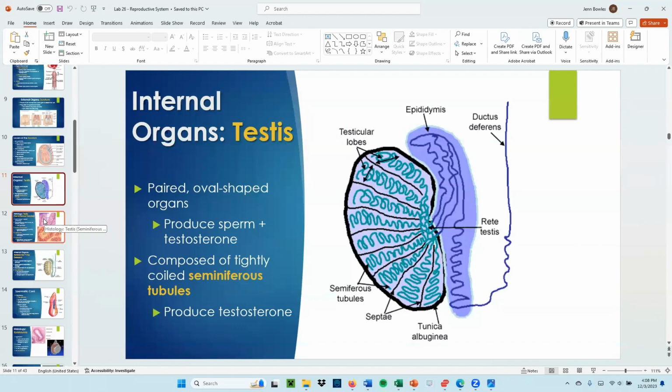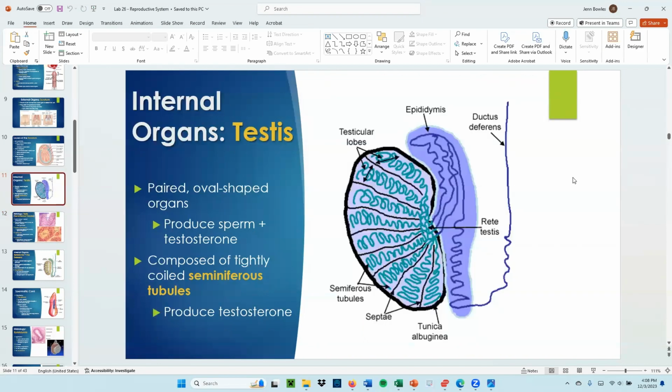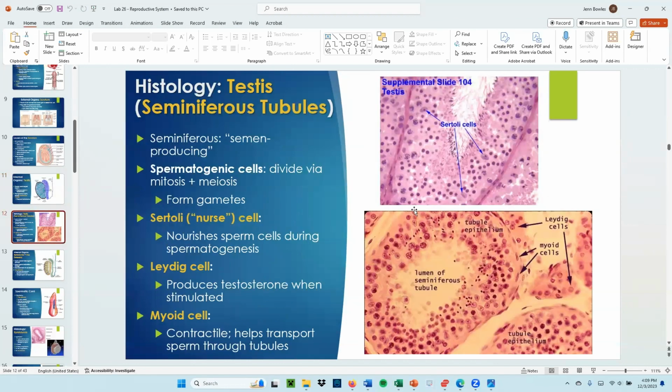What that looks like on a microscopic view is this. So this is a cross section. What we have done is we've taken a cross section of the testes. So we're looking down now on these many tubes. And so this is the lumen of a tube. This is another tube right next door. You can see that pattern over and over again on your slide.